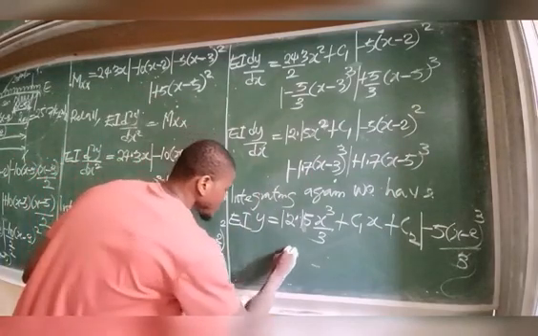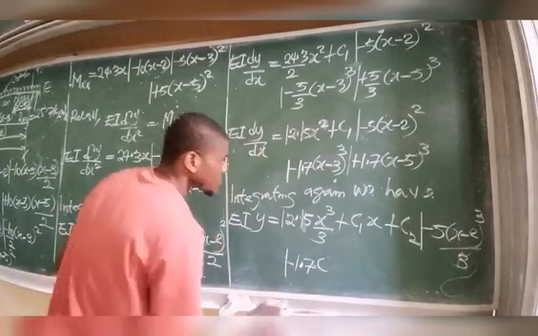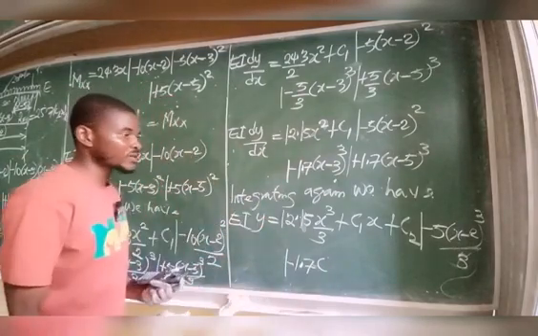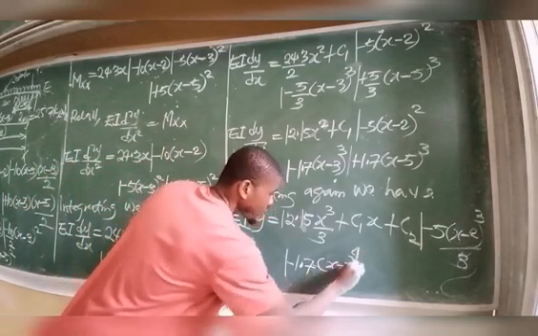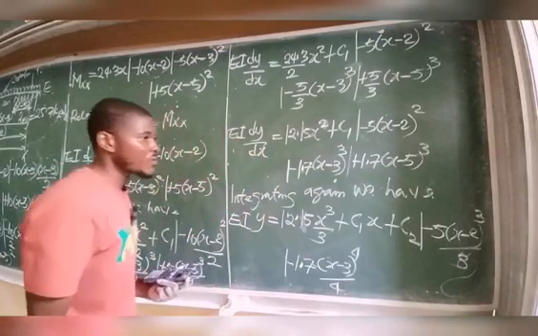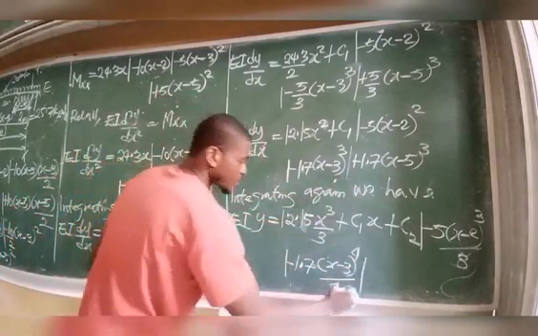So I put down this Macaulay's bracket. Here I have minus 1.7. If I integrate x minus 3 to the power of 3, I will simply have x minus 3 to the power of 4 all over 4. I put down my Macaulay's bracket here. I will bring down plus 1.7.